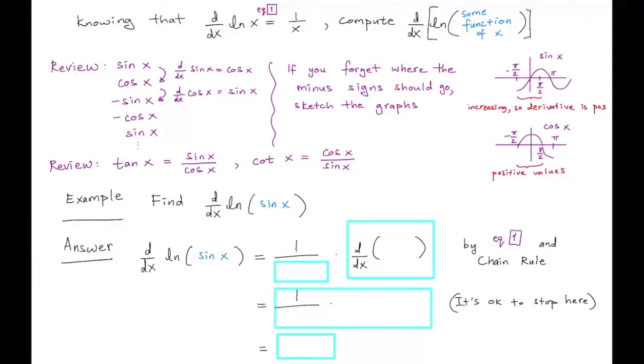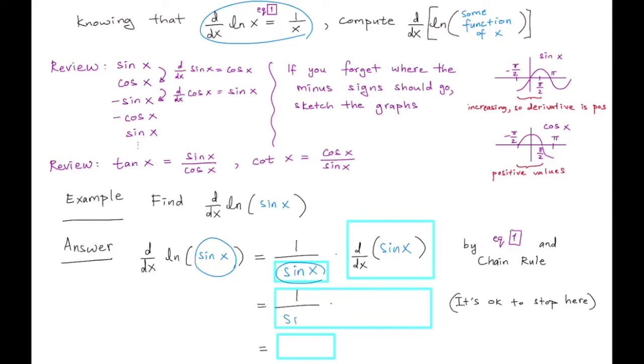Welcome back. To compute this, we can apply equation 1 and also chain rule. So first, I do 1 over what's inside of the natural log, so that is sine x. And then I take the derivative of what's inside, so sine of x.